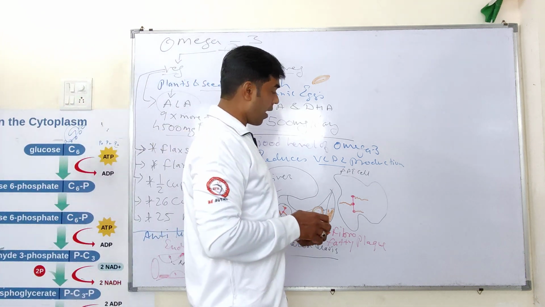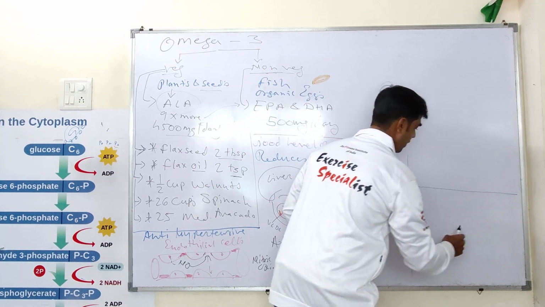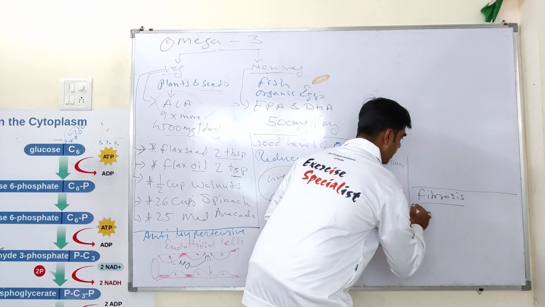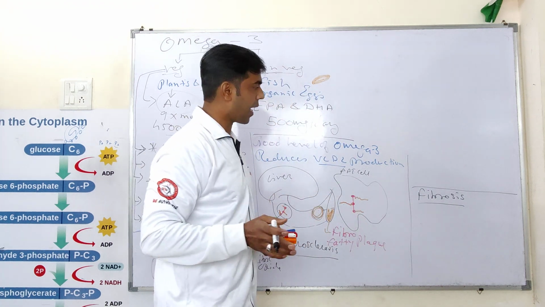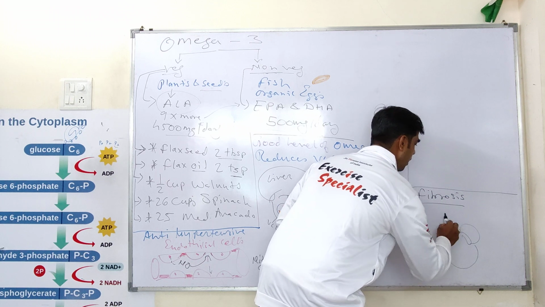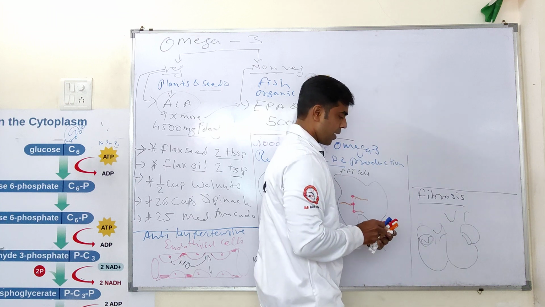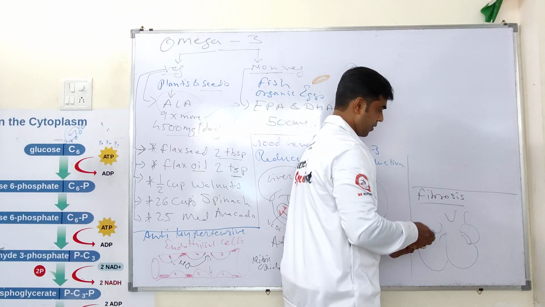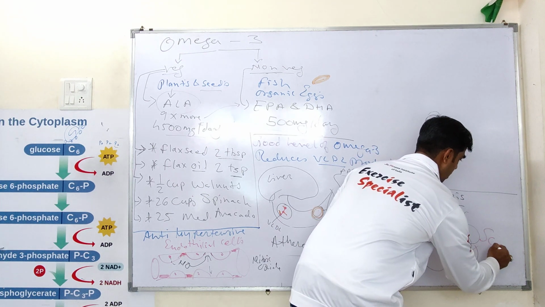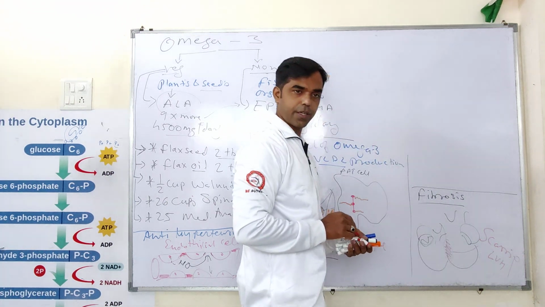Again, one more example we can take from the heart, that is fibrosis. Any patient or any client has scarring in their heart, right? So this is your heart, and the scarring, right? Scarring, or there is LVH, left ventricular hypertrophy.